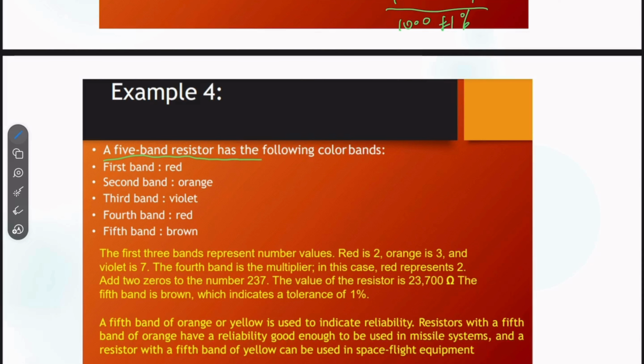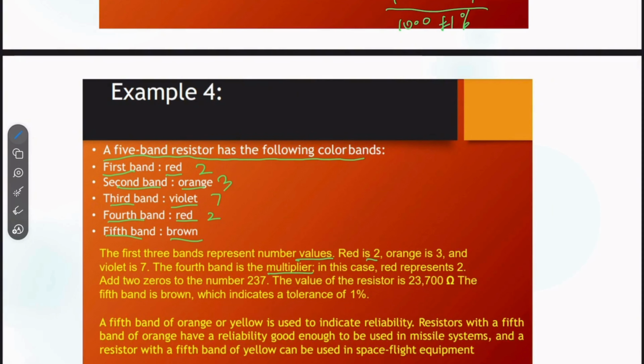Example 4, a 5-band resistor has the following color bands. First band red, second one orange, third violet, fourth band red, fifth band brown. The first three bands represent number values. Red is 2, orange is 3, violet is 7. The fourth band is red, a multiplier, which is 2.